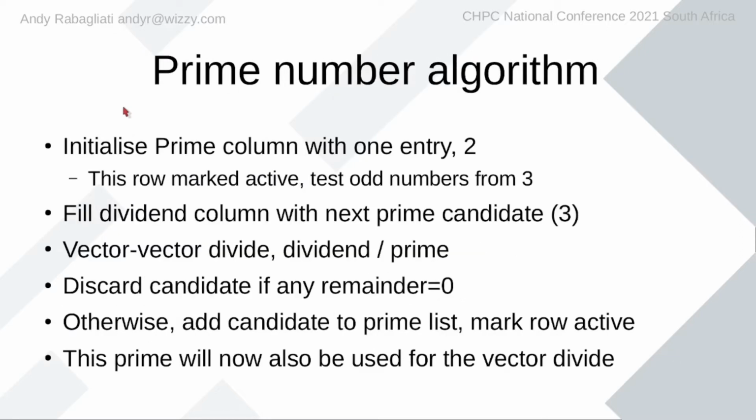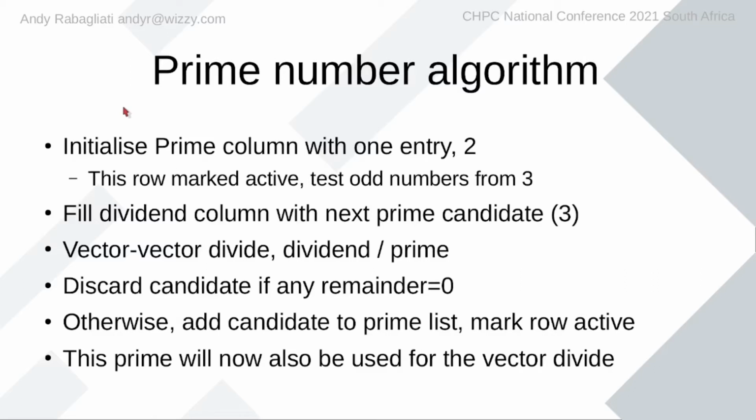The prime number algorithm itself. So what I'm going to be doing here is I'm leveraging the vector divide instruction. What I'm doing is I'm dividing all of the currently known prime numbers into my candidate number. So I've got a candidate I'm going to be testing for primality. So I will be simultaneously dividing all the prime numbers that I've generated so far into this number, and I'm looking at the remainder.